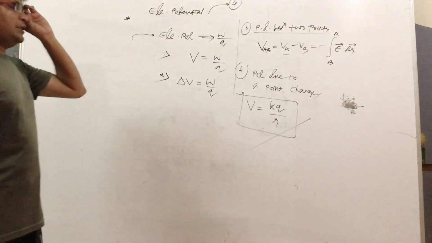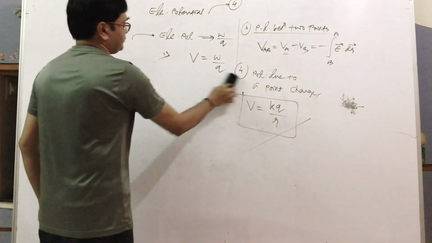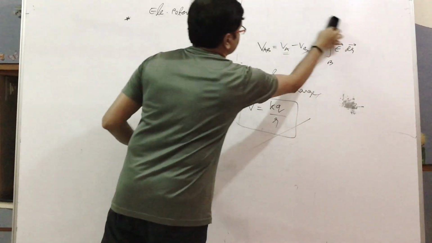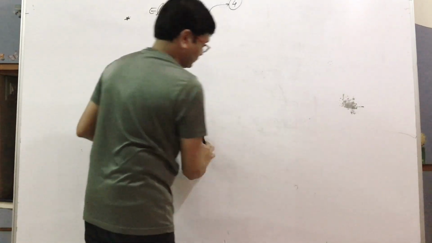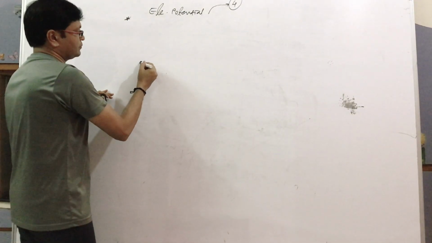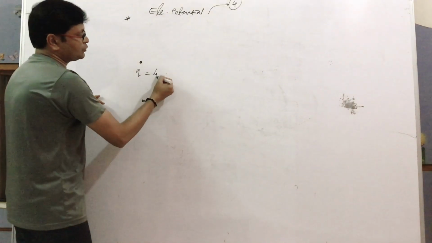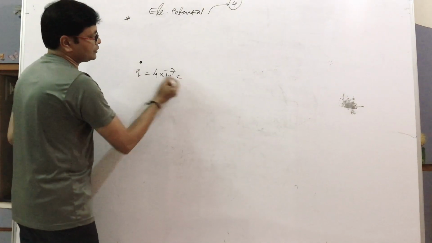So we'll start with some basic concepts, just concentration required. Suppose there is a charge. Let the magnitude of this charge be 4 into 10 raised to minus 7 coulomb.